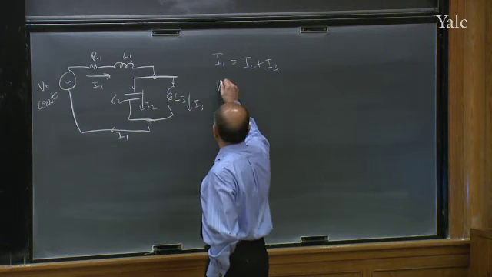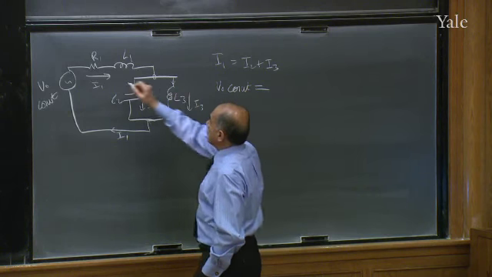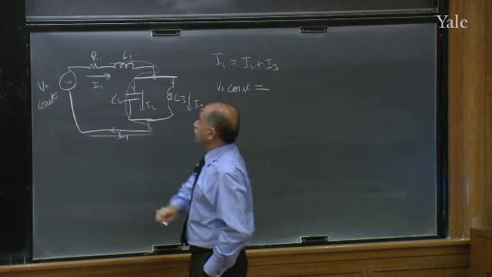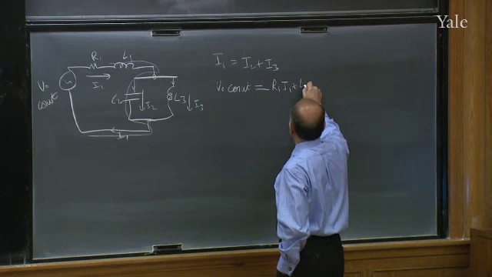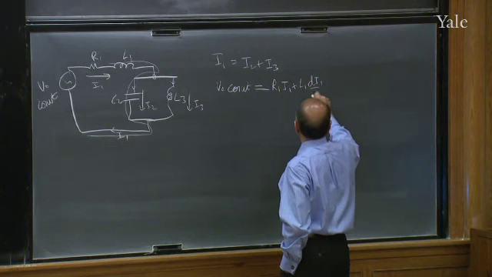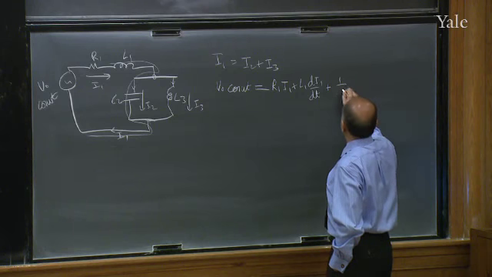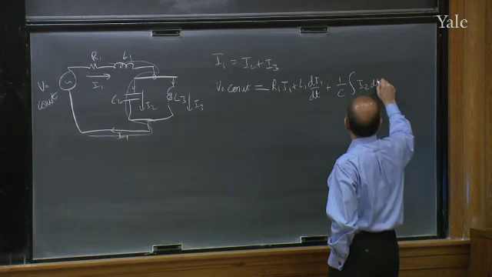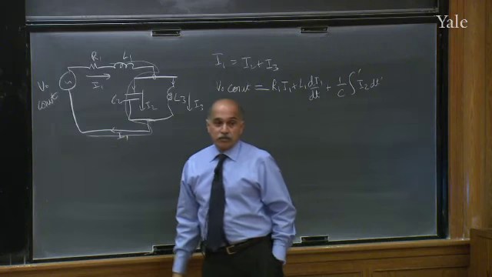The equation I would write would be V0 cos ωt is equal to, I'm going to take this loop, R1 I1 plus L1 dI1/dt plus 1/C2 integral of I2 dt', back to here is 0. That's one equation.